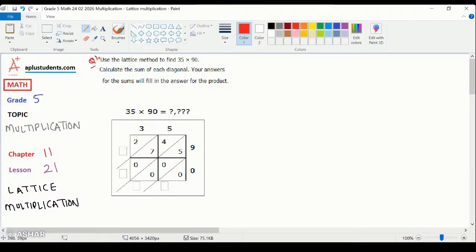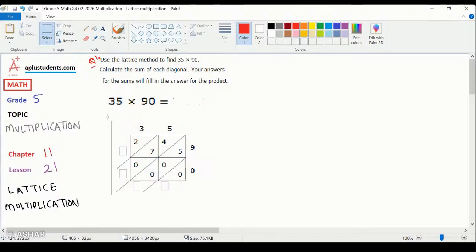What we had to find was 35 multiplied by 90, and we need to find the answer for this value. When we are finding the lattice, we break the numbers. I'm using a color code over here.